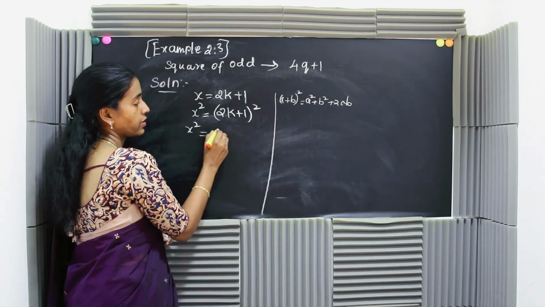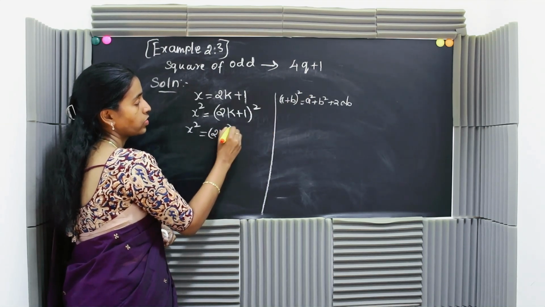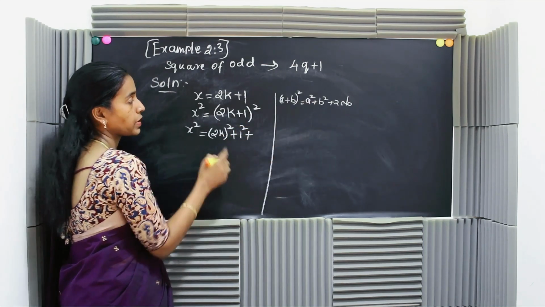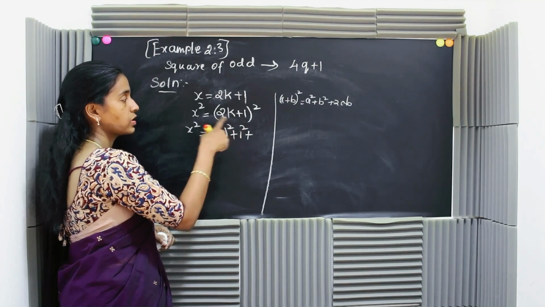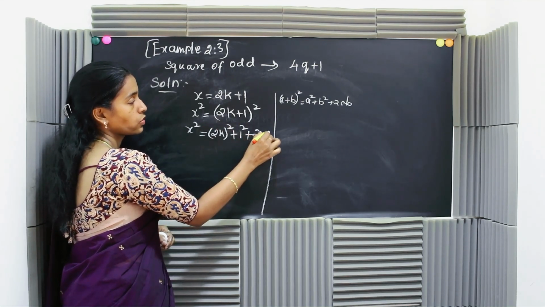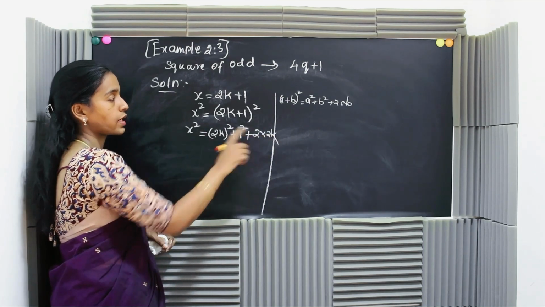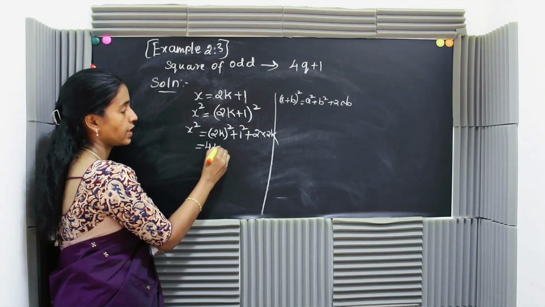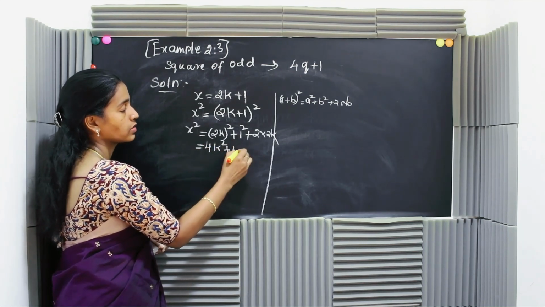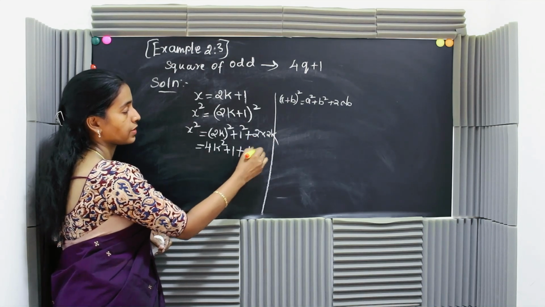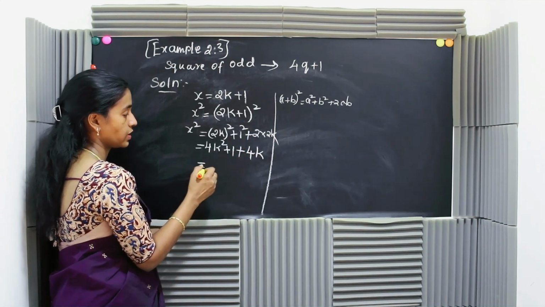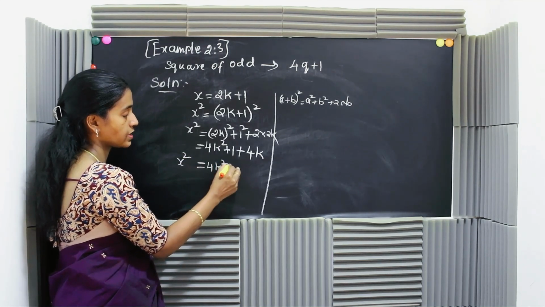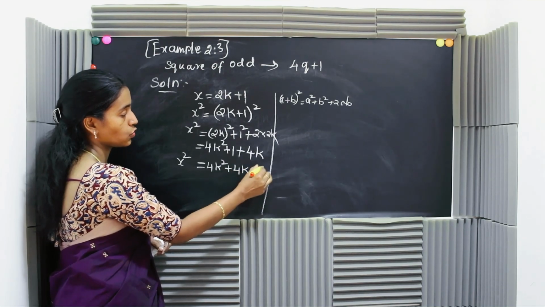Then 2k square plus b square, 1 square, plus 2 into a into b, 2 into 2k into 1. So I am getting 4k square plus 1 plus 4k. So the answer is x square equals 4k square plus 4k plus 1.